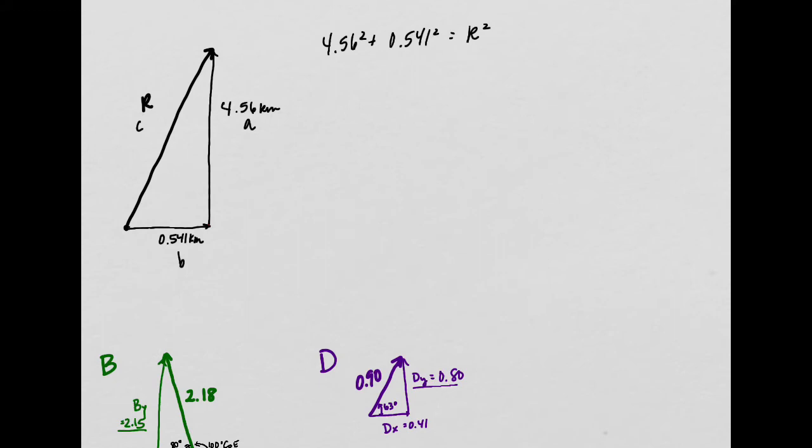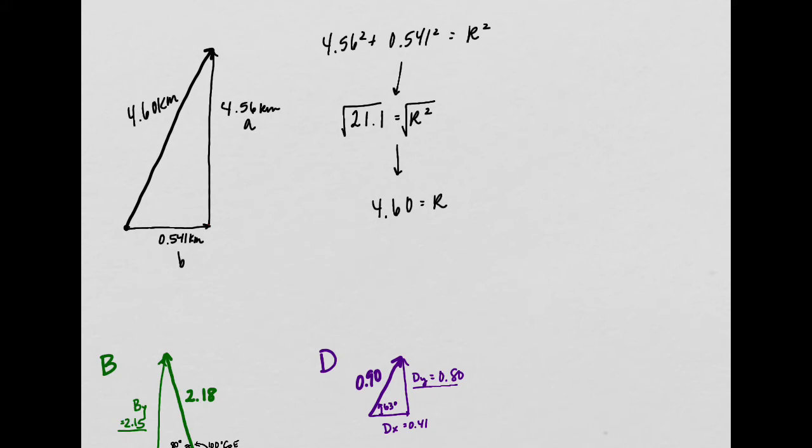When I plug that in, I get 21.1, and if I take the square root of both sides, I find that r is equal to 4.60. So the magnitude of her displacement is 4.60.